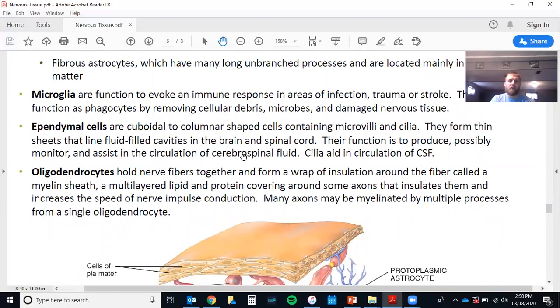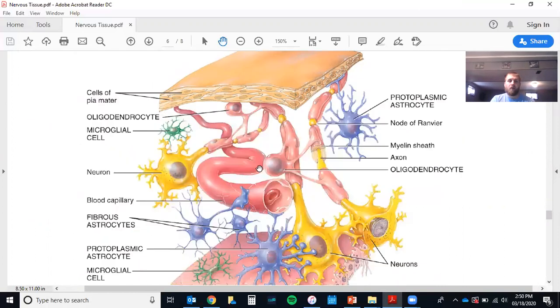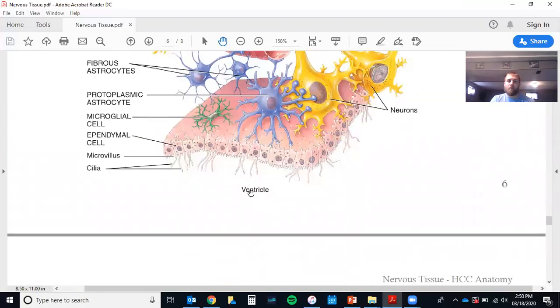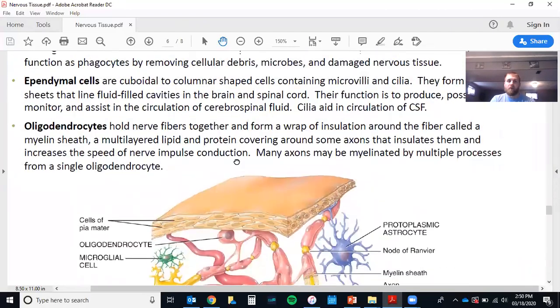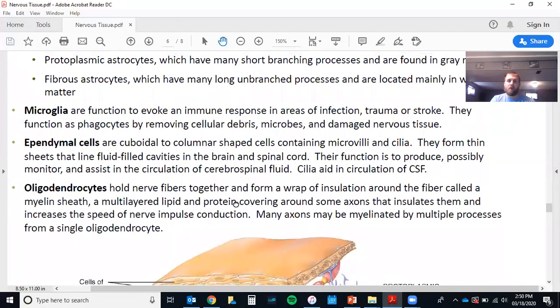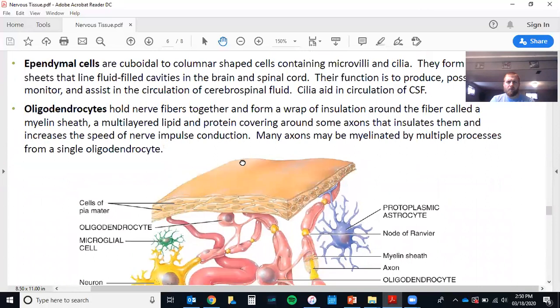Cerebrospinal fluid is fluid that's found in cavities in our brain and spinal cord. This happens to be what we call a ventricle, which is a chamber. We have 4 of them in our brain where we find cerebrospinal fluid. We'll talk more about cerebrospinal fluid when we get into our next couple lectures.